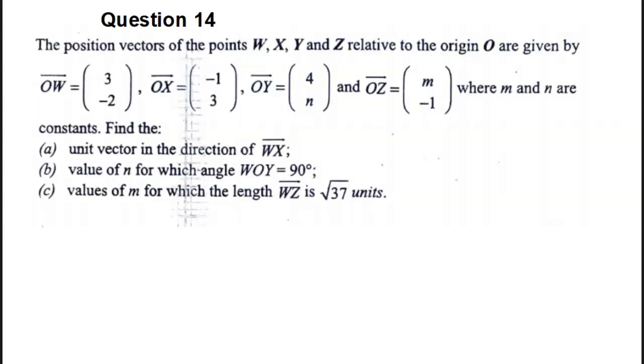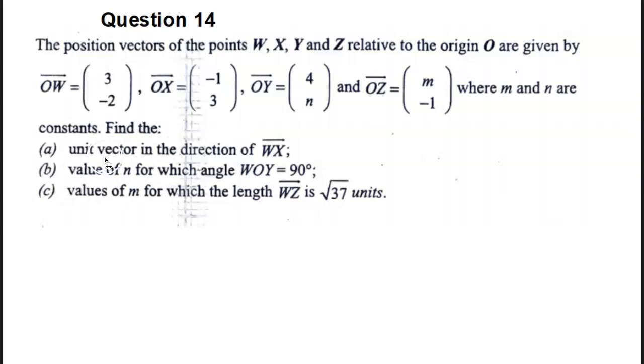In this video, I'm going to solve question number 14 of WASSCE 2022 school exams. The position vectors of the points W, X, Y, and Z relative to the origin are given by this, where M and N are constants.